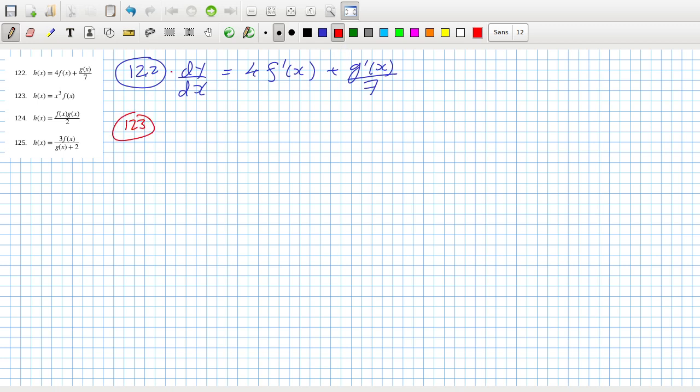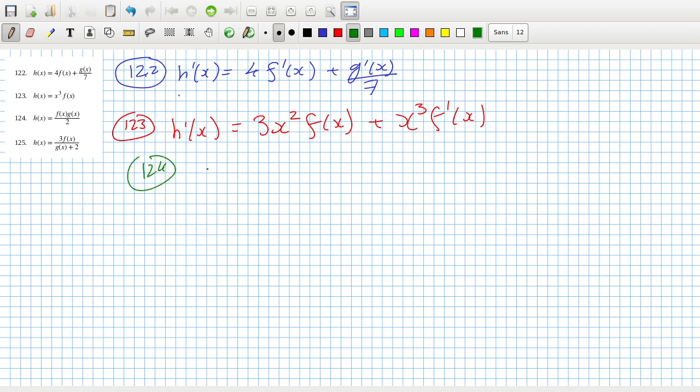Oh, not dy dx, it's dh dx, so we'll just say h dash. Again, h dash x, so it's the product rule. 3x squared f of x plus x cubed f dash x.